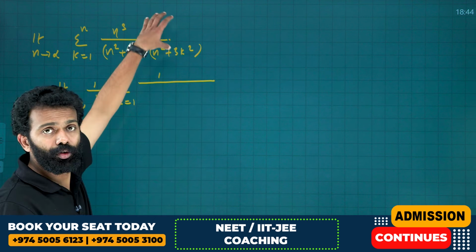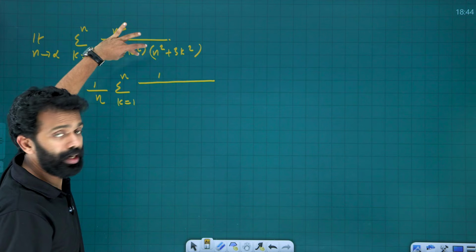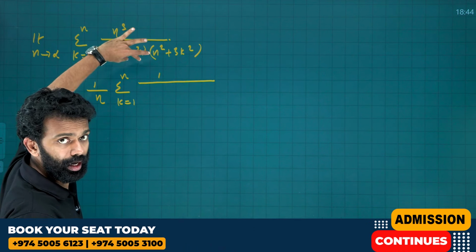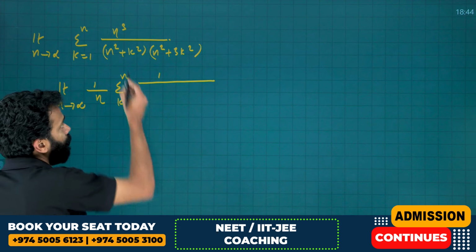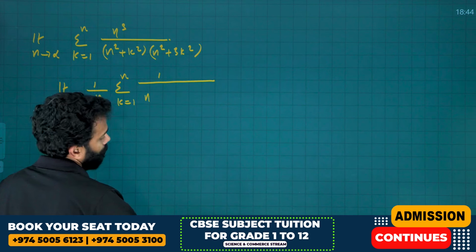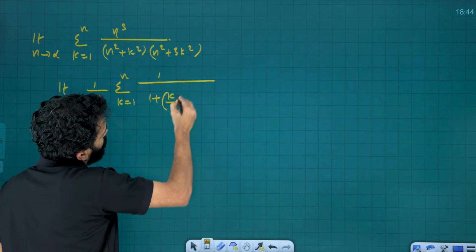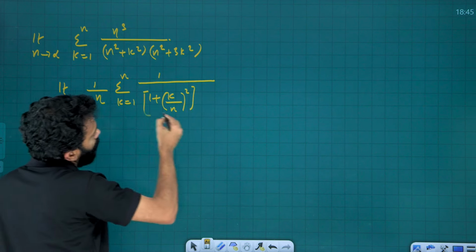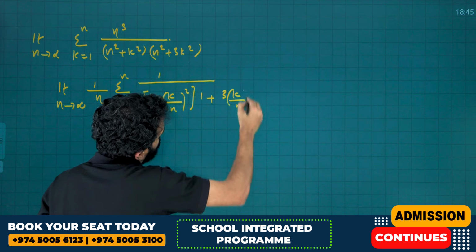We need to divide numerator and denominator by n raised to 4. In the denominator, while dividing, be careful. Distribute it like n square and n square over here. If you divide by n square, you will get 1 plus (k by n) the whole square, into 1 plus (3k by n) the whole square.